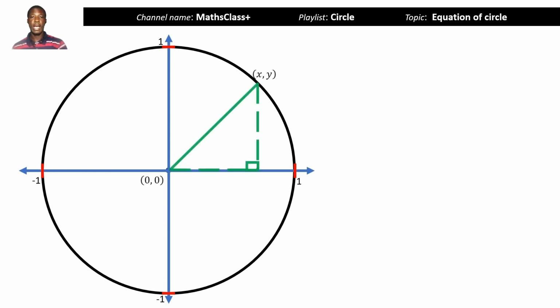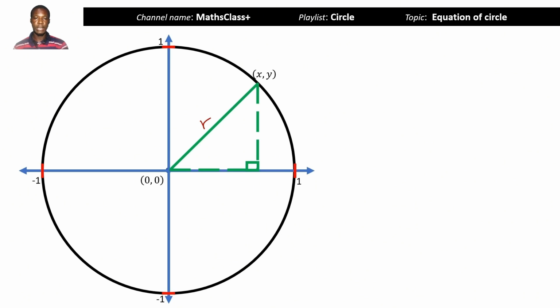Now, if I put a point here, a point xy here, any point on a circle satisfies the equation of that circle. So if I put a point here and I draw a green straight line from the point to the center, that line also becomes the radius.